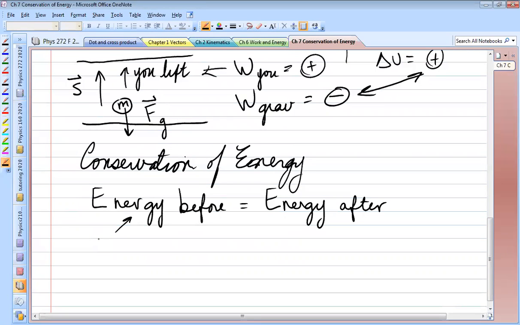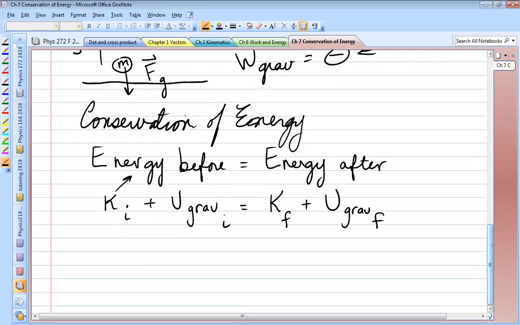So if we only have gravity and kinetic energy to worry about, then this just looks like kinetic energy initial plus gravitational potential energy initial must equal kinetic energy final plus gravitational potential energy final.